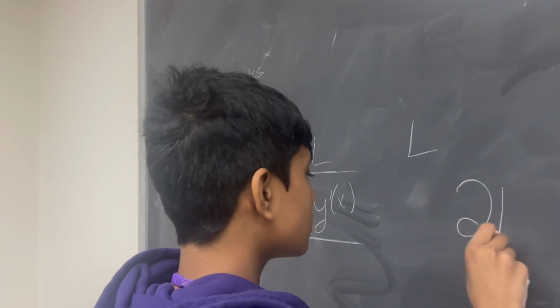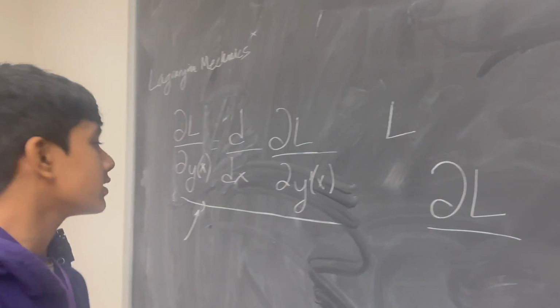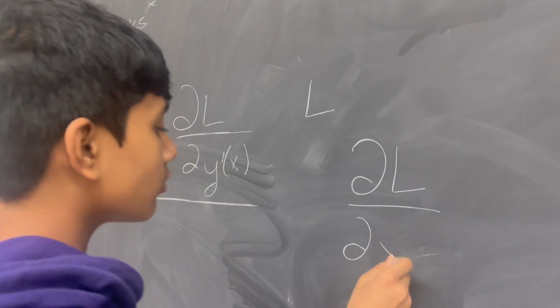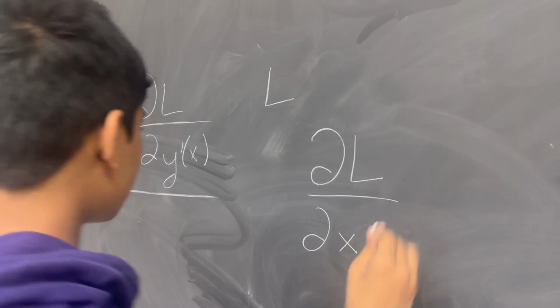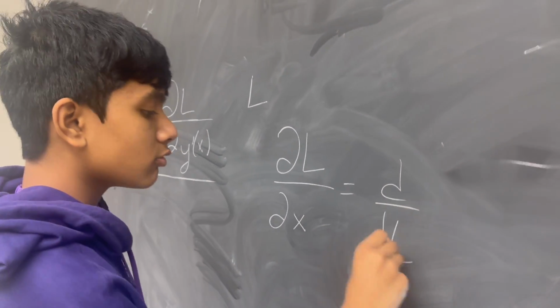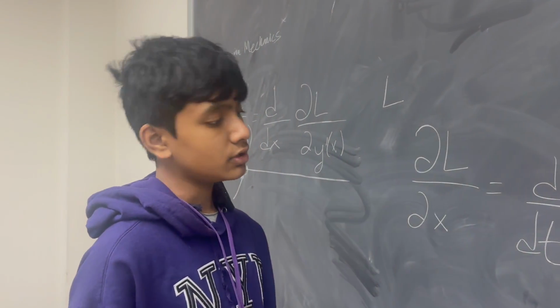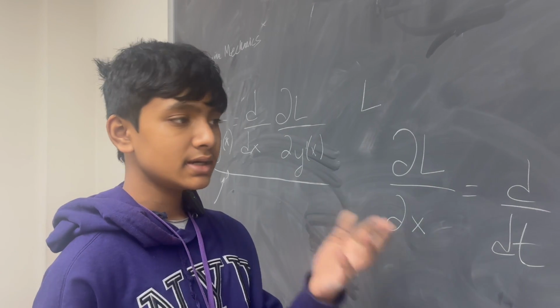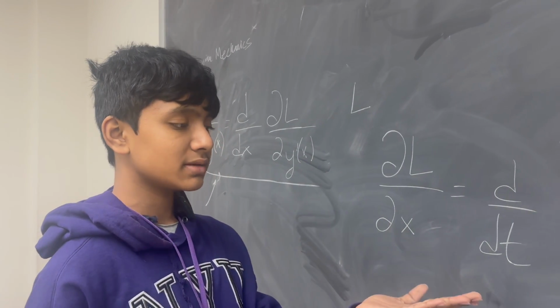Of course, when we're dealing with physical situations, our function will probably be position of some sort, and the variable of that function will probably be time, even though it can vary. Sometimes this can be position and this can be position. Sometimes this can be velocity and this can be time.